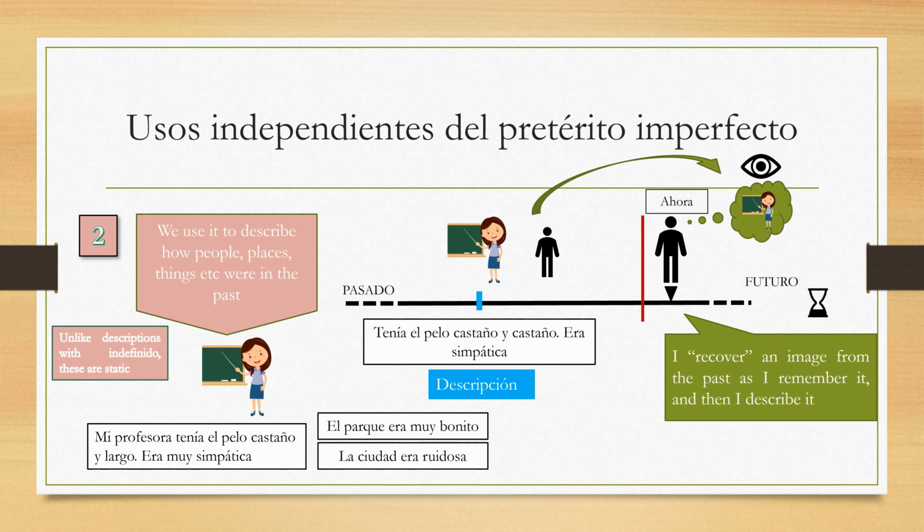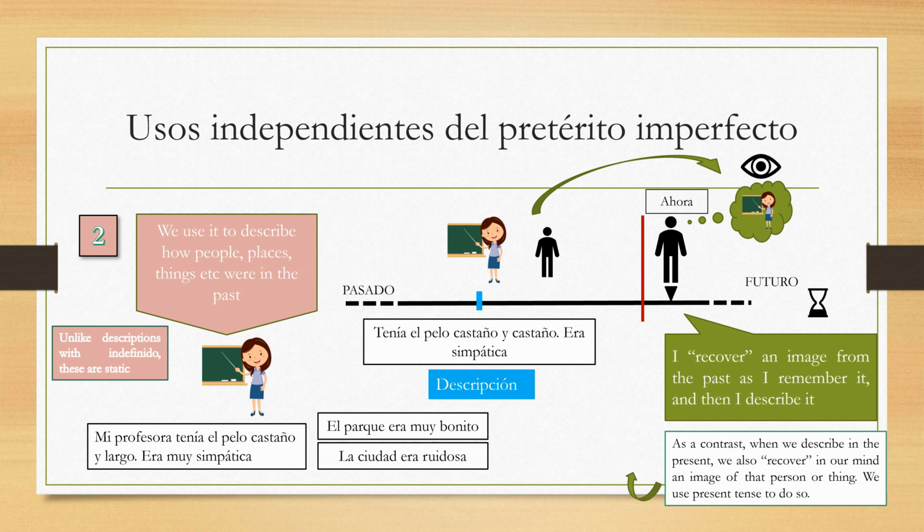We can describe places. El parque era muy bonito. La ciudad era ruidosa, right? The park was beautiful. The city was noisy. This is something that we did quite a lot last semester. Now, if we contrast this again, in the present, we can say el parque es muy bonito o la ciudad es ruidosa.